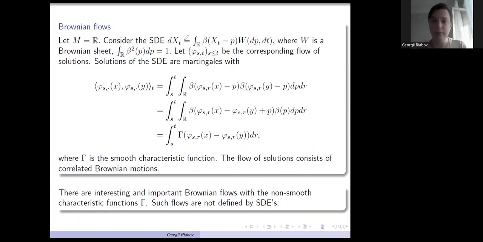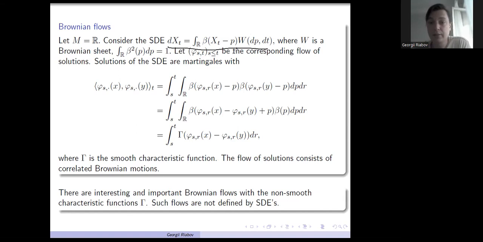Maybe you have already met such equations in lectures of Professor Dorogovtsev. So if we look on the real line at the SDE driven by the Brownian sheet, and if we assume that the function beta is smooth and has L2 norm equal to 1, we can also consider the flow of solutions to this equation.